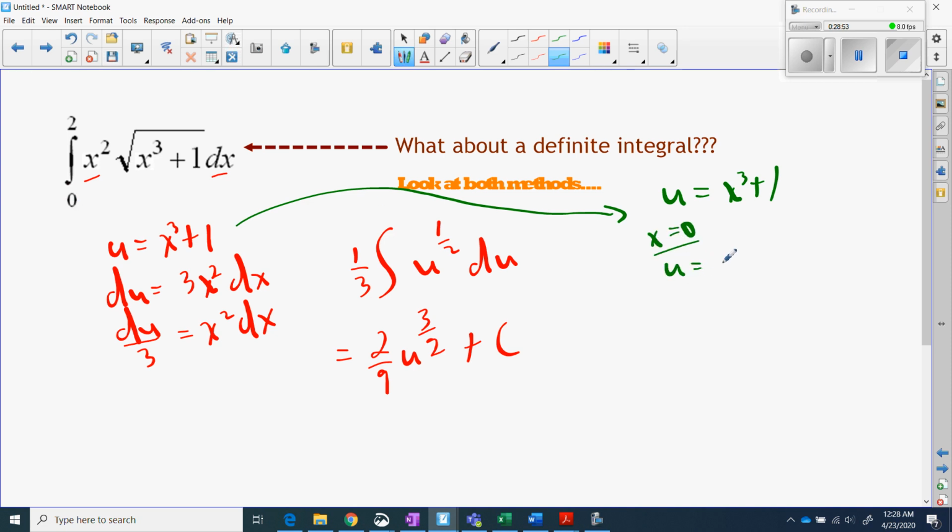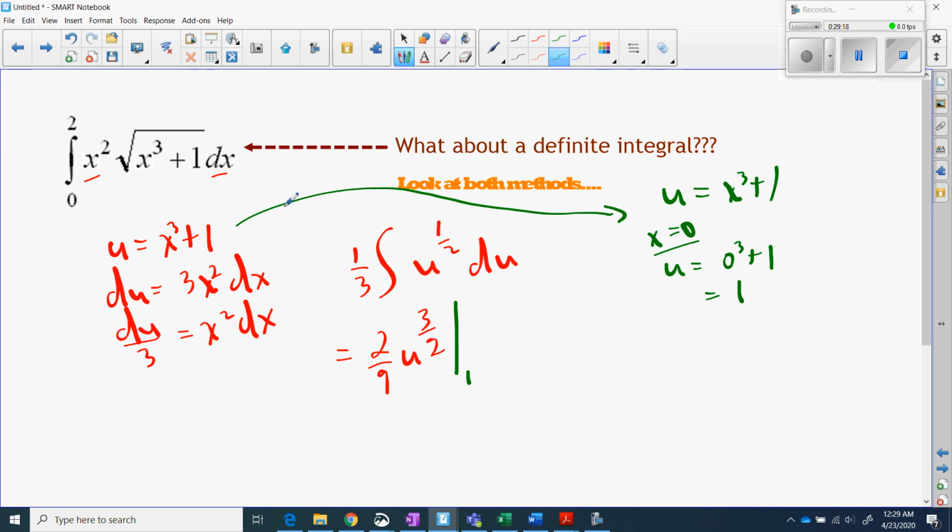Then u would be 0 cubed plus 1, so u would be 1. So instead of having x is 0, it's the same as having u is 1. Sorry, it shouldn't be a plus c in this one because you've got bounds. So here, you can then put bounds on here and say instead of 0, you go to 1.